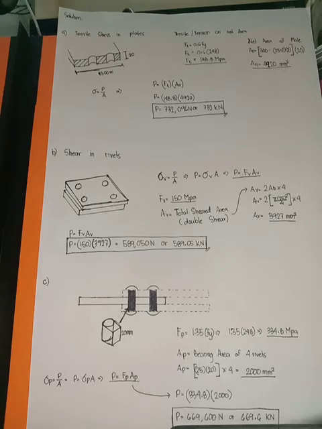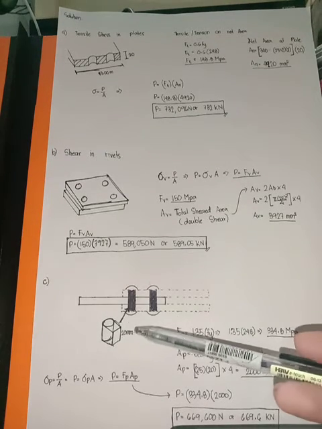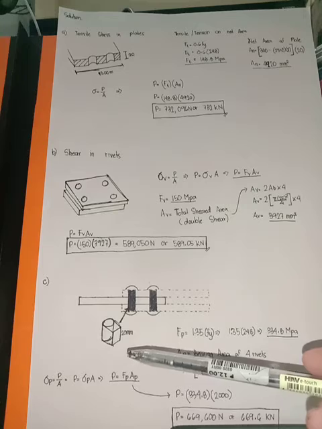Then last, we will find the maximum load that can be applied without exceeding the allowable bearing stress, the bearing stress between the plate and the rivets.